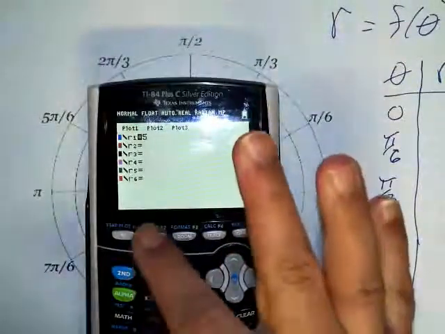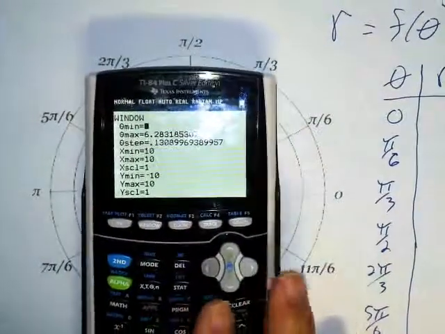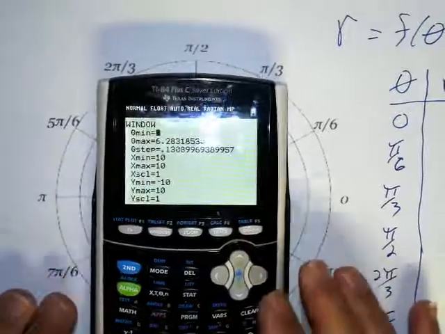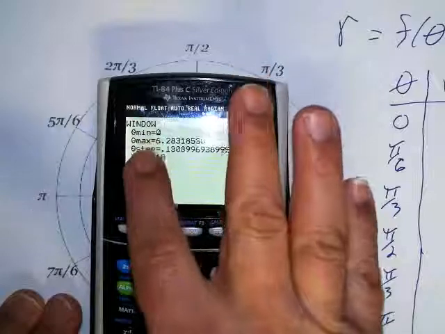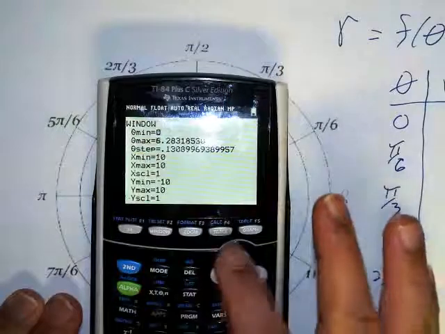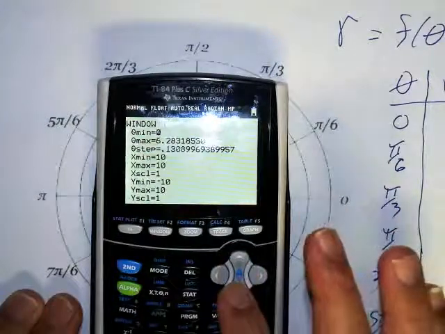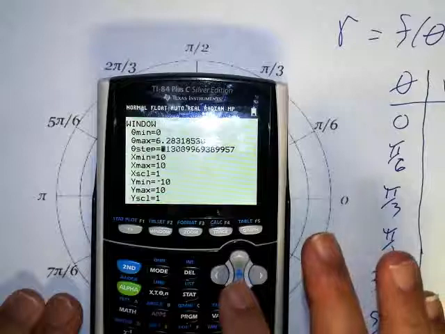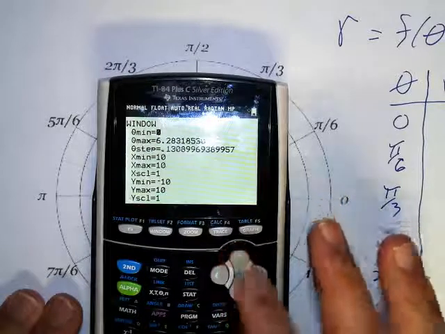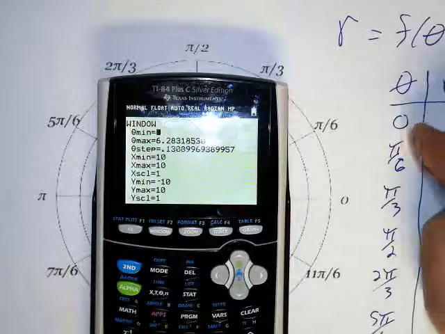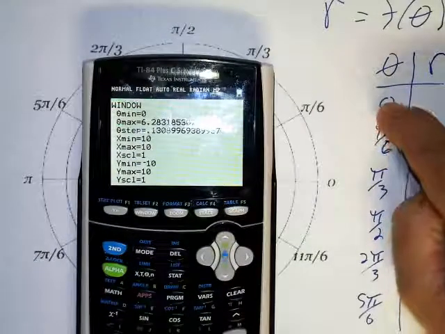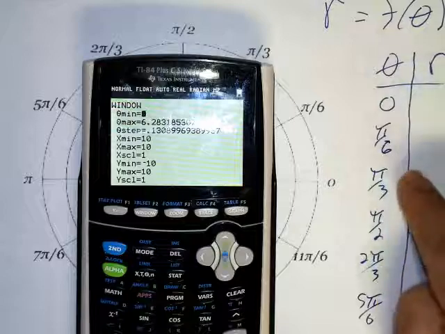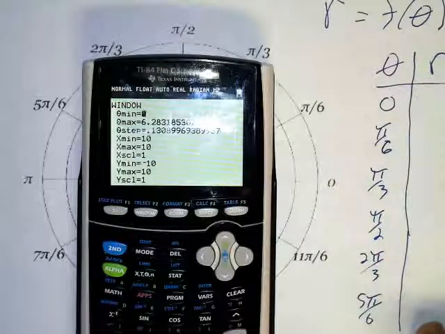Now if I hit my window, you can see there are several things to set here. First you're setting theta: theta min, theta max, and the step. The theta min is the lowest theta value. It's going to start by evaluating theta there and getting r's, and then theta max will be the maximum one.